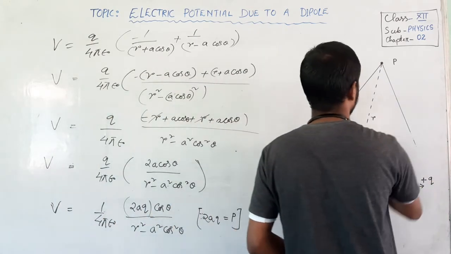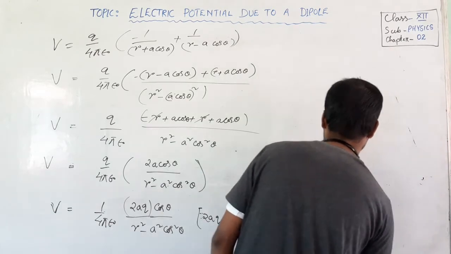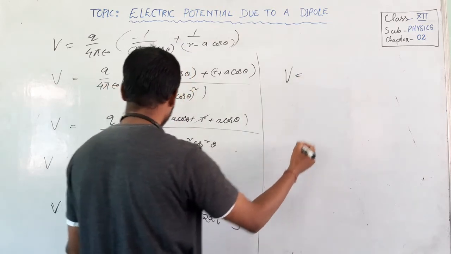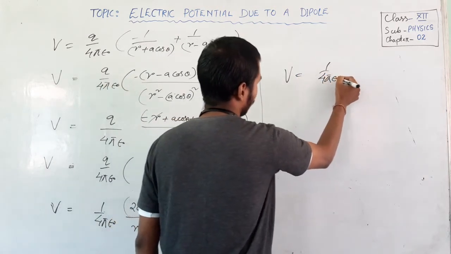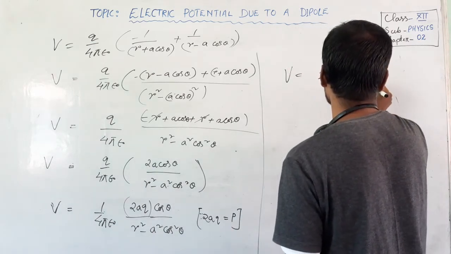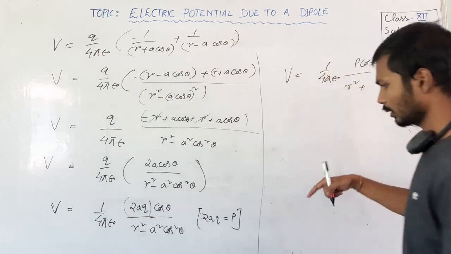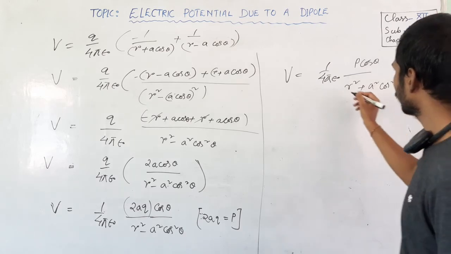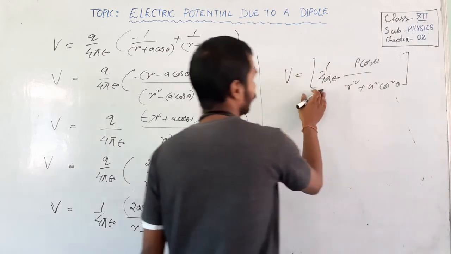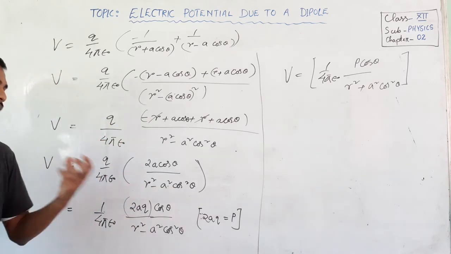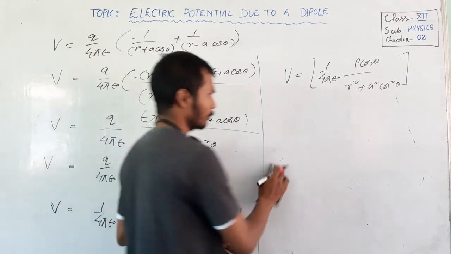So we have V is equal to 1 by 4 pi epsilon naught P cos theta by R square minus A square cos square theta. Okay. This is the formula of potential due to a dipole at any point at distance R from the dipole. Okay.